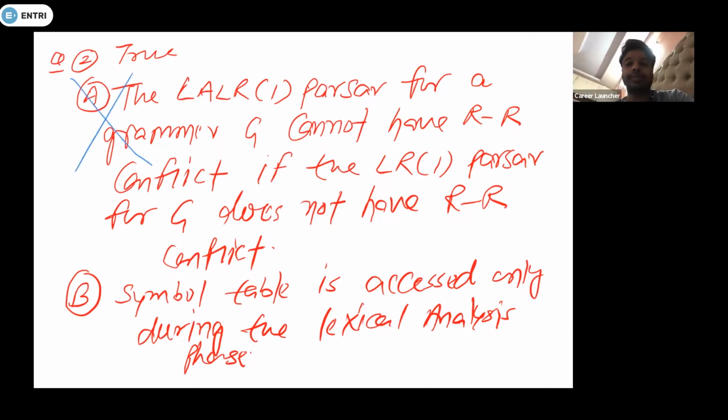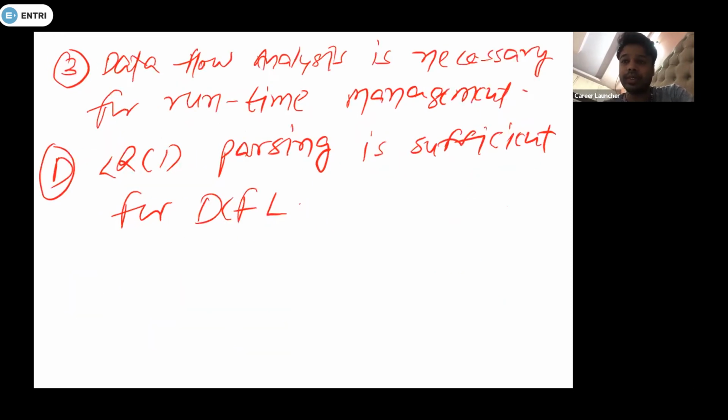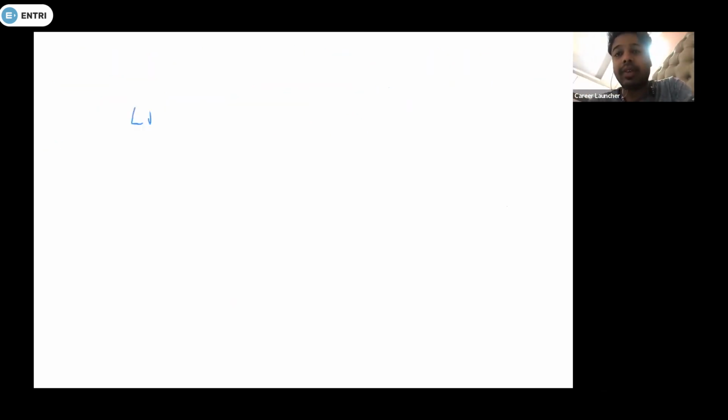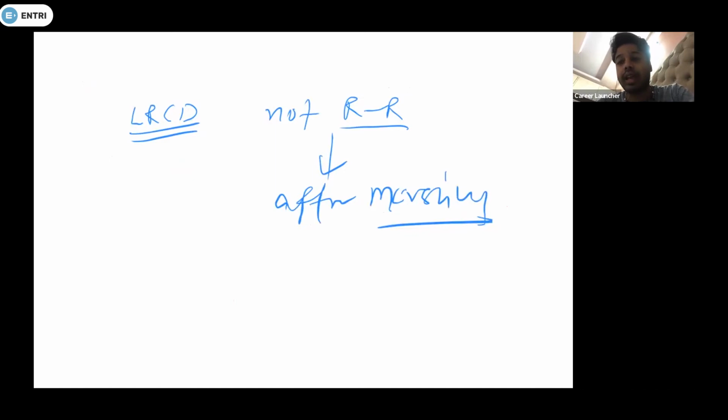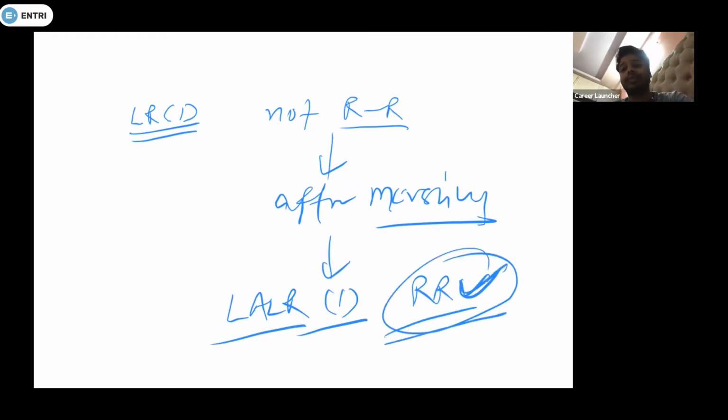Sometimes the LALR has an RR (reduce-reduce) conflict and sometimes not. Option statement 1 is absolutely false.